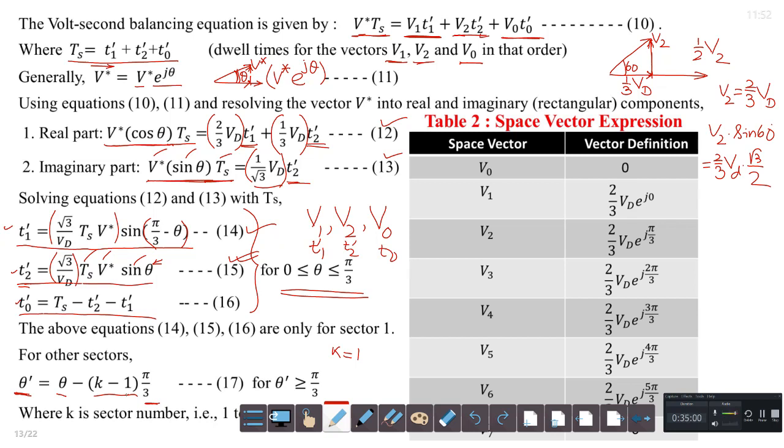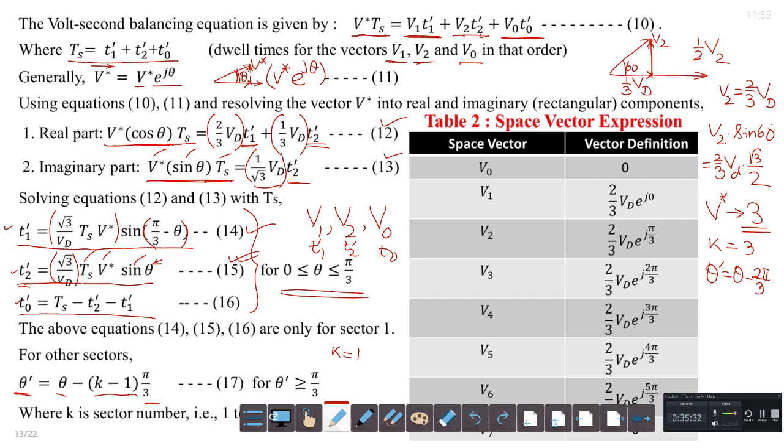So let us say the reference voltage V star is in sector 3, that means k equals 3. Then theta dash is theta minus 2 pi by 3, that is 120 degrees is subtracted, and we get theta dash.